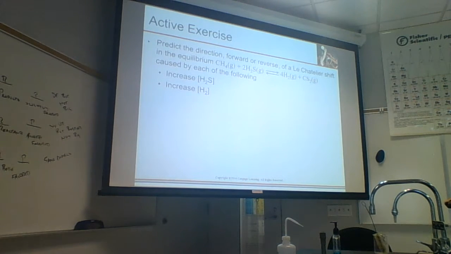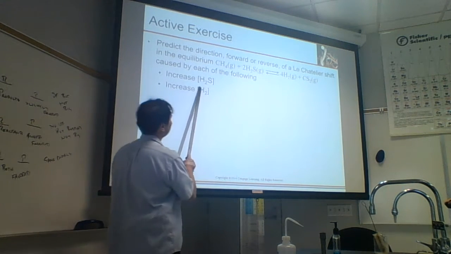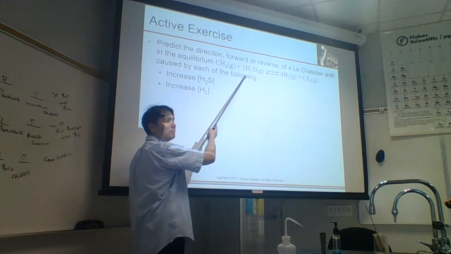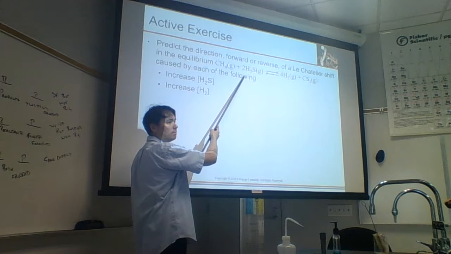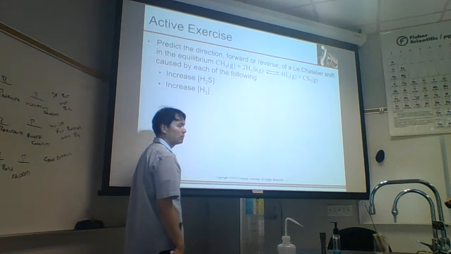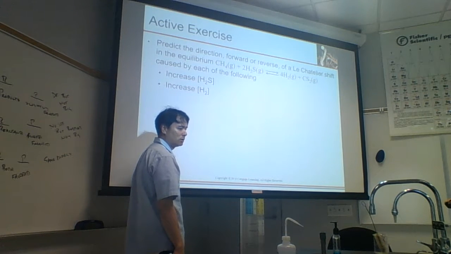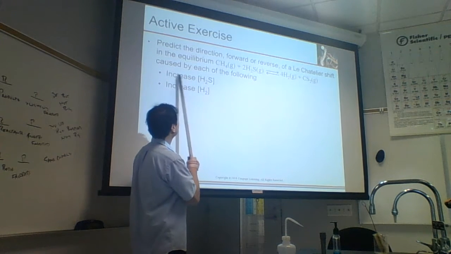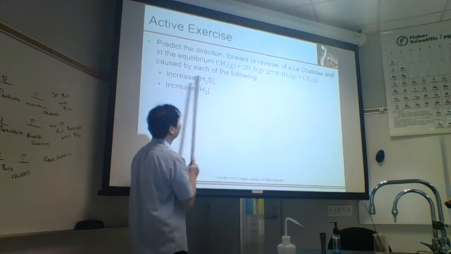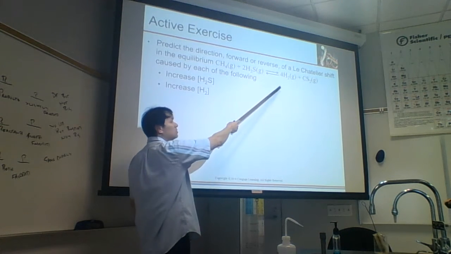Okay, we're going to increase the H2S concentration. Which way is it going to shift? Well, H2S is a reactant or product? Reactant. Increase the reactant concentration, it shifts to the right. And so increase H2S, it shifts right. What if we increase the H2? Well, H2 is a product.